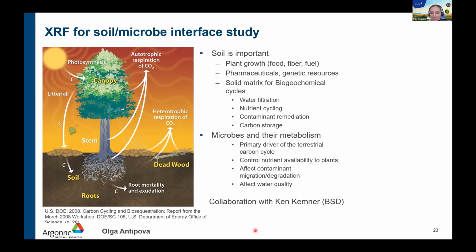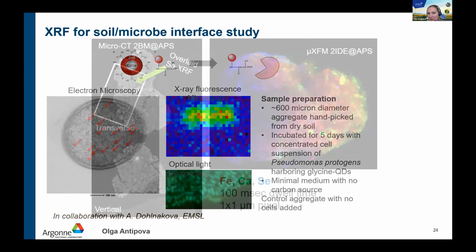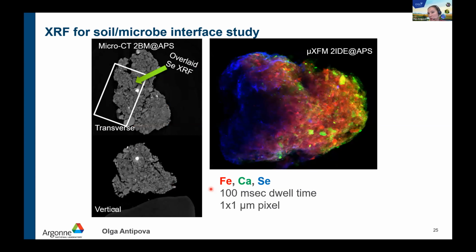To analyze the way microbes can migrate through the soil, those microbes were fed quantum dots, and they were glowing green when checked under the microscope. And just to keep you a little more confused, when we imaged them, we colored them blue for some reason. Those quantum dots had selenium, and we were able to image that selenium when we were scanning soil aggregates.